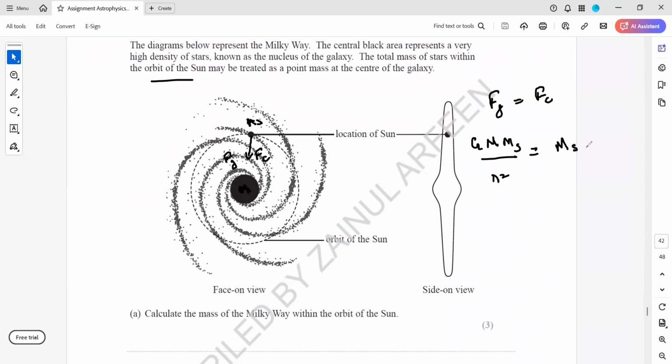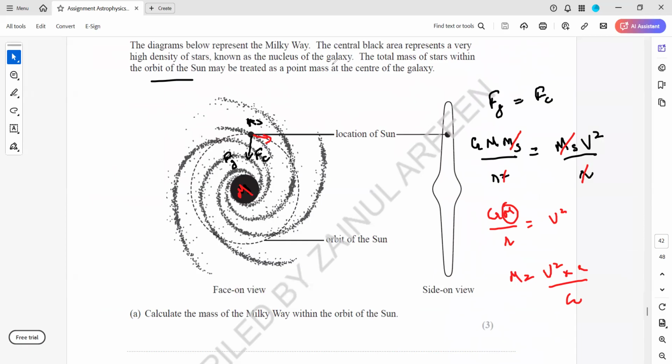So m, the mass of the sun, v squared divided by r. Now we simplify this. r will cancel with r squared partially, and the mass of the sun will cancel with the mass of the sun. So what are we left with? We are left with GM over r equals v squared. If we need the mass M, it will be equal to v squared times r divided by G.